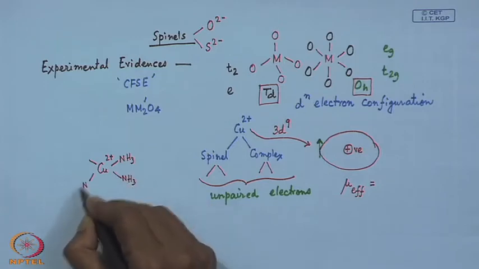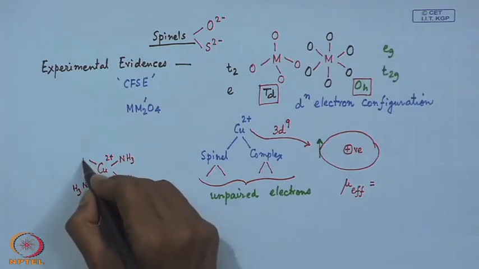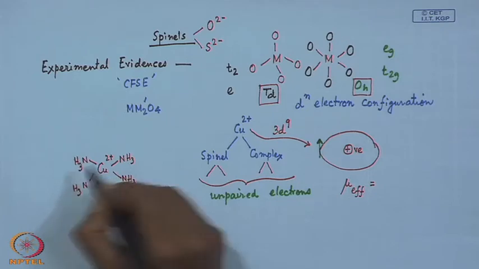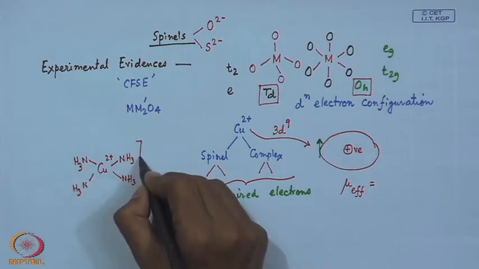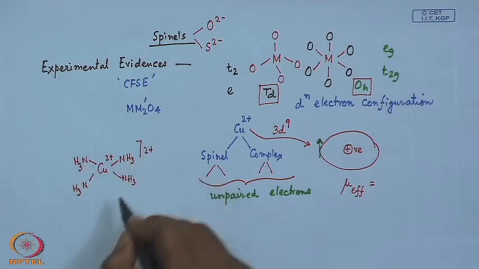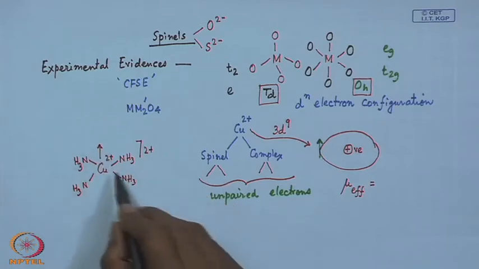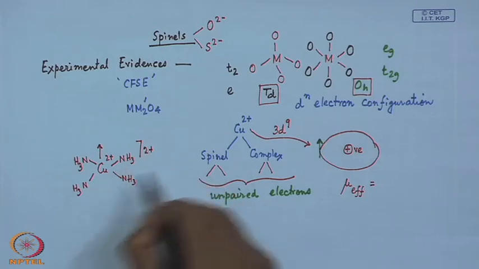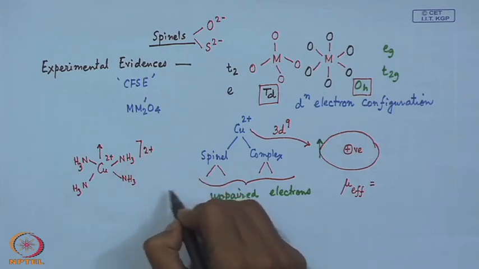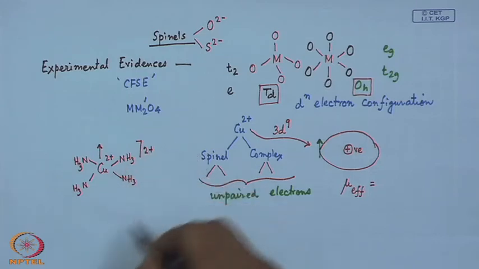So, this is the corresponding geometry around the copper 2 plus ion in a particular complex, where the individual copper centers bearing one unpaired electron are separated. That means this molecule is separated enough from the second molecule or the third molecule and so on.